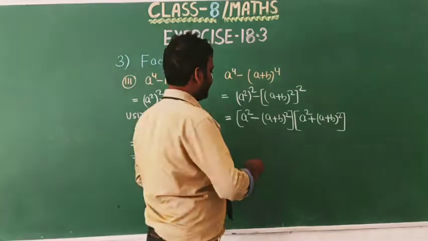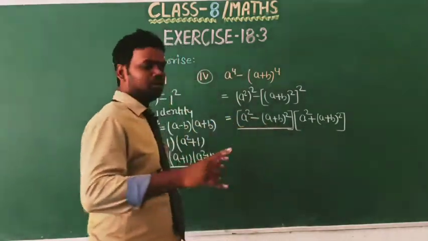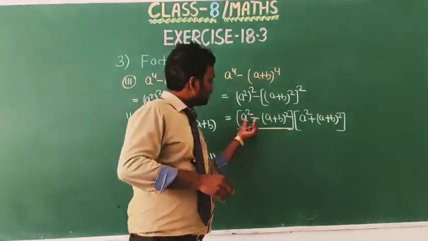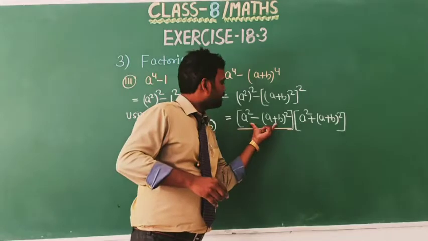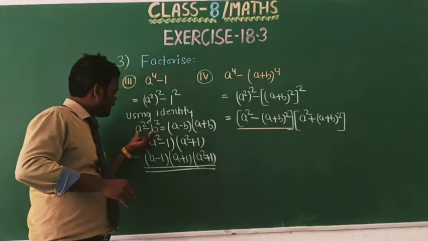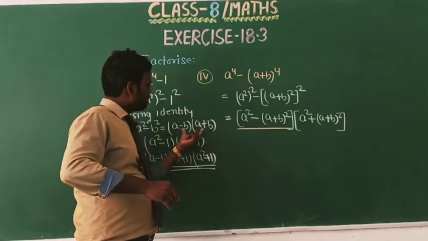Again, this part a square minus a plus b whole square, we can apply the same identity: a square minus b square in brackets is a minus b and a plus b.